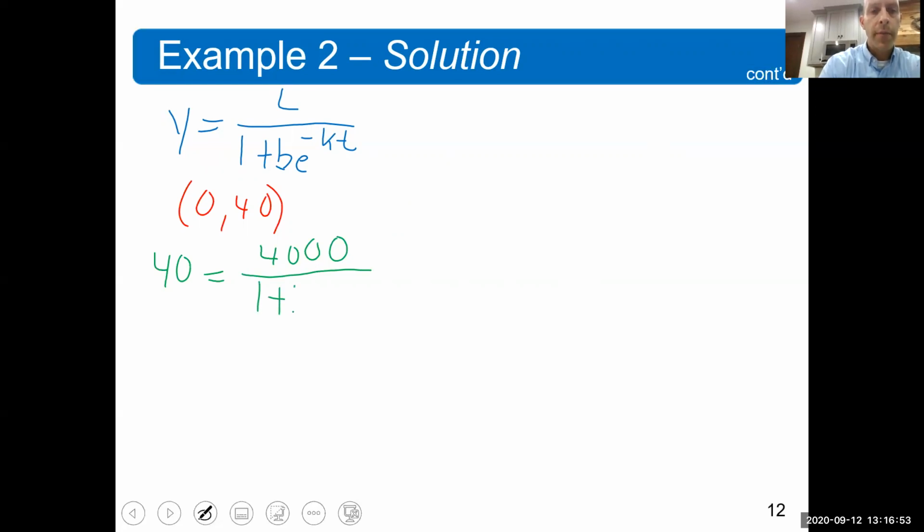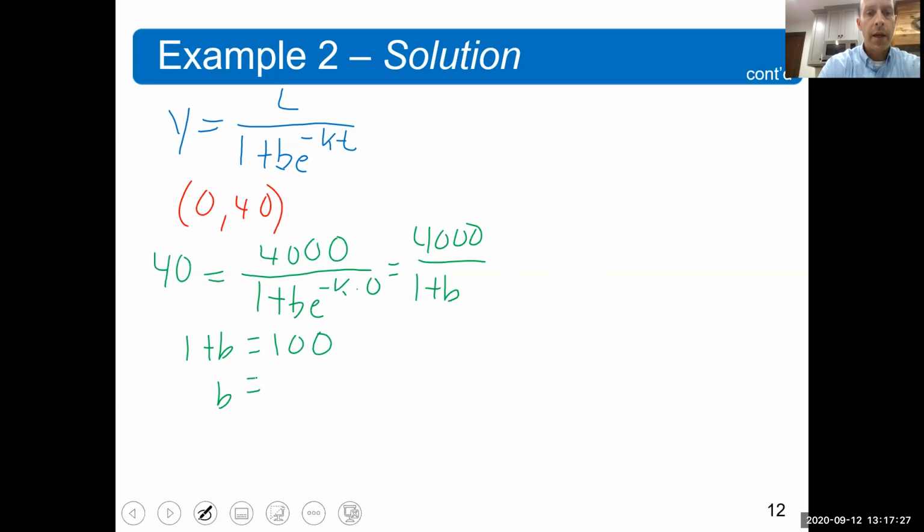Over 1 plus b e to the negative k times 0. Multiplying anything by 0 is 0, so that's going to give us 40 equals 4,000 over 1 plus b, because e to the 0 is just 1. When we cross multiply, we get 1 plus b is equal to 100, and b then is 99. So in this particular problem, we know that the b value is 99.